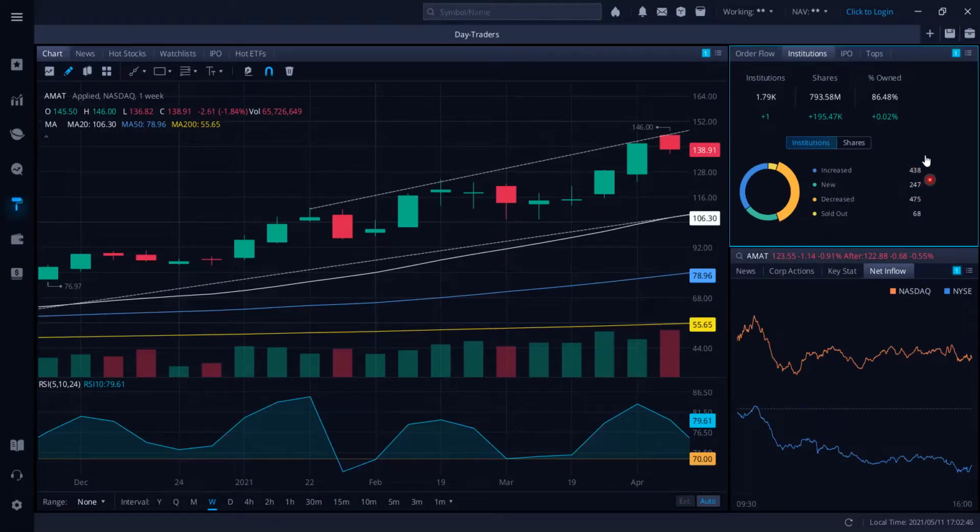We see 438 increase their positions. 247 new positions. 68 sold all of their positions completely. You want to do some research, find out who those people are, because 44 million shares left. Another 7 million sold out. So that's something to think about there.